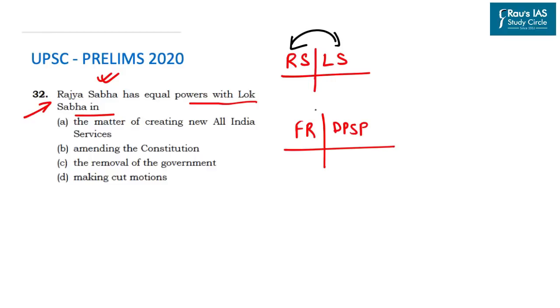Now, regarding the first option, you need to be very clear about Article 312 of the Indian Constitution. Unless and until you are aware about Article 312 of the Indian Constitution, it will be very difficult for you to solve this particular question.